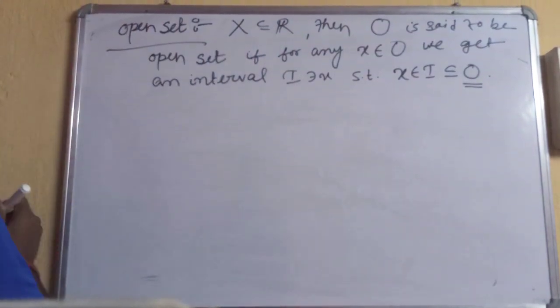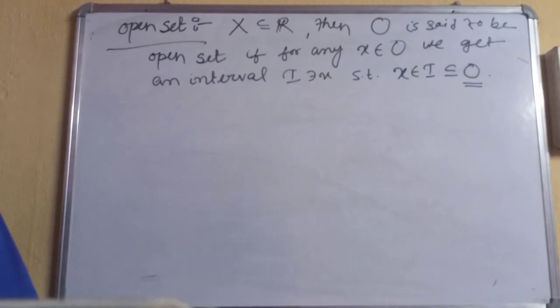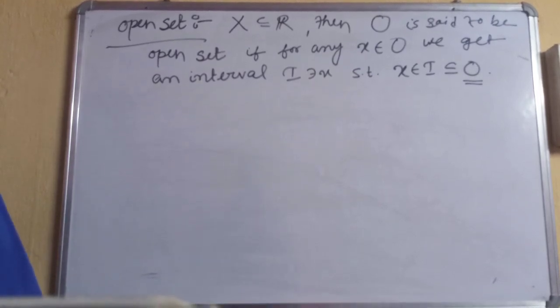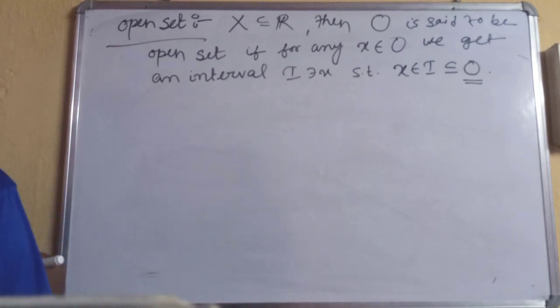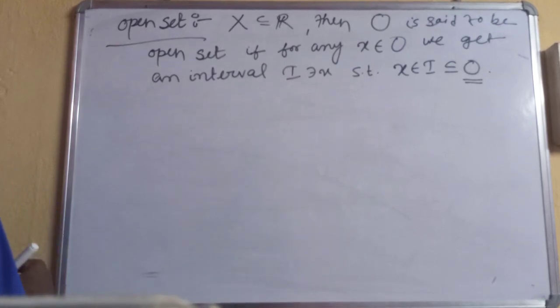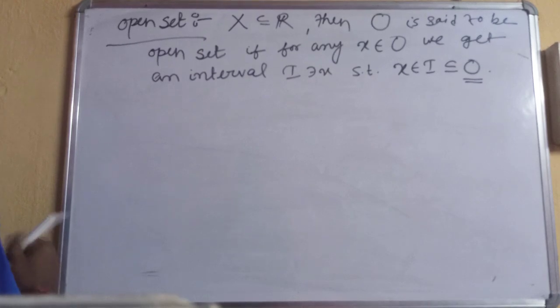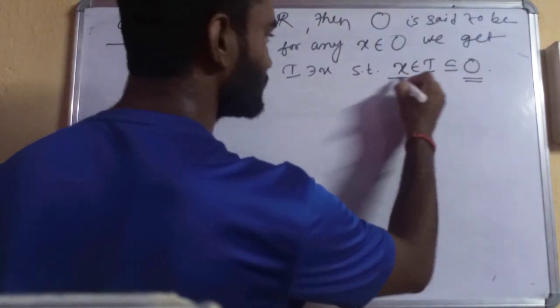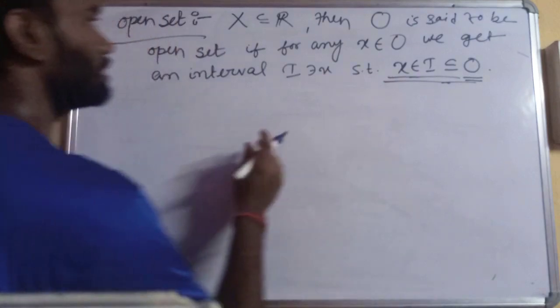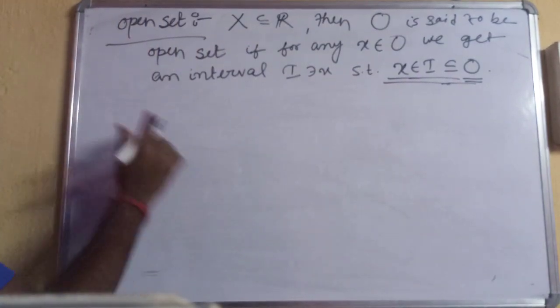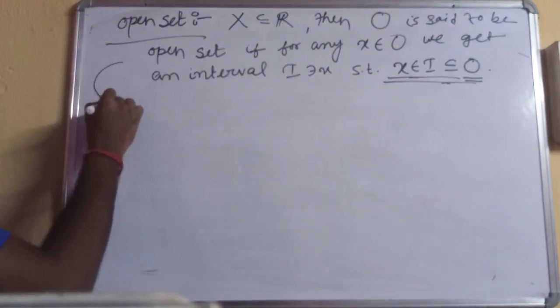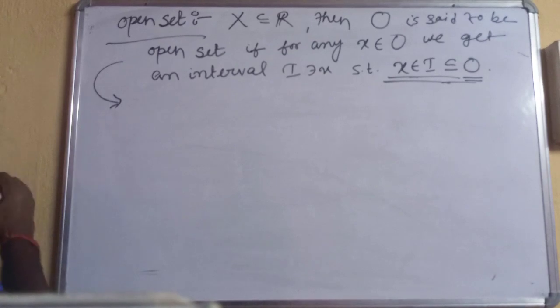Basically, we all know another definition of open set. What is that? A set is called an open set if all of its points are interior points. So here x is an interior point, right? So we extend this definition to metric space.